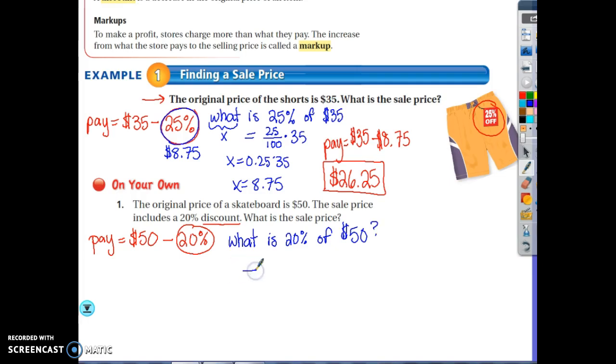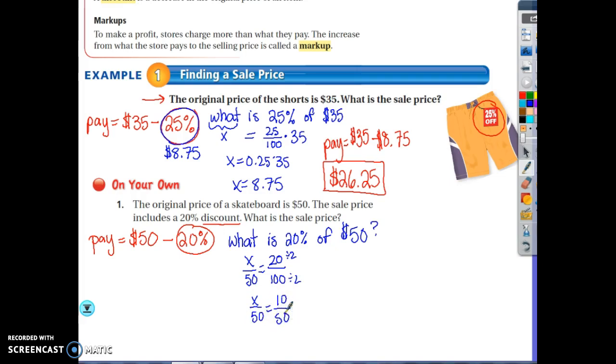On the left, I'll have is over of. My question says what is, so I don't know the what. Of is $50 equals my percent, which is 20 over 100. You may cross multiply, or you can make the bottoms the same. Here I'm going to just divide by 2 in the top and the bottom. I get x over 50 is equal to 10 over 50.